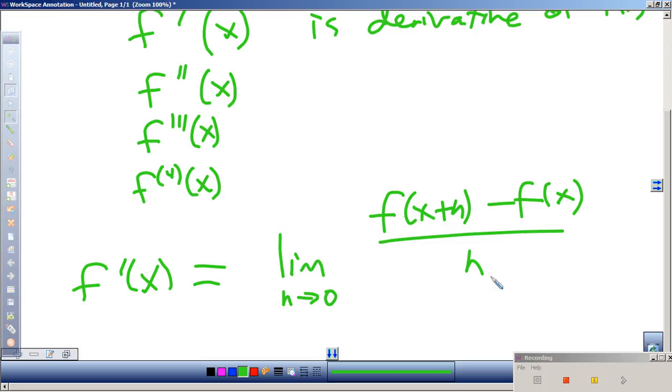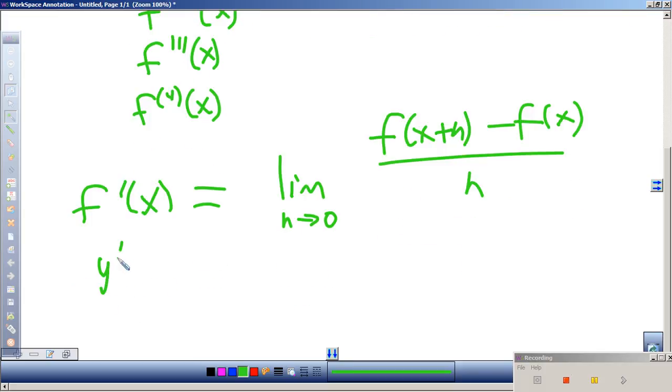So all of you already probably have the formula for the derivative memorized, right? Another thing you might see is y prime. That's just saying the derivative of y. Or another thing that's used, dy dx. So this says derivative of y with respect to x.